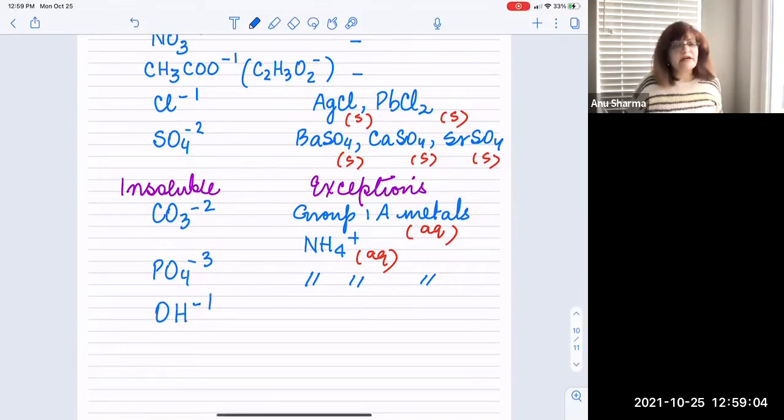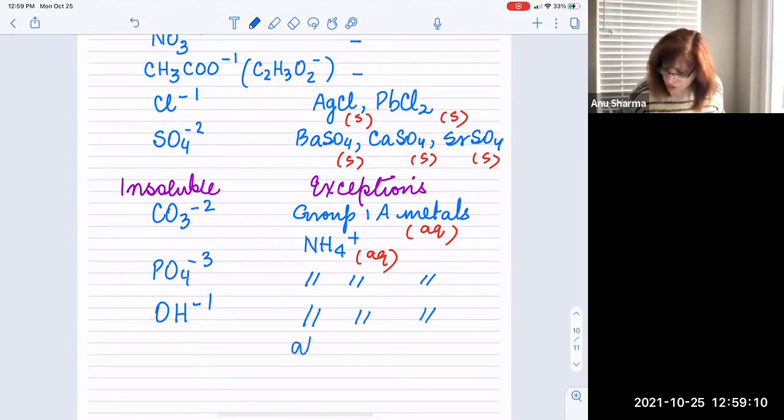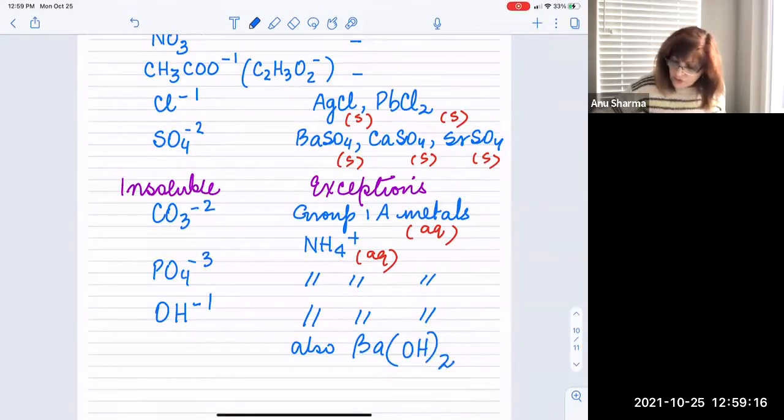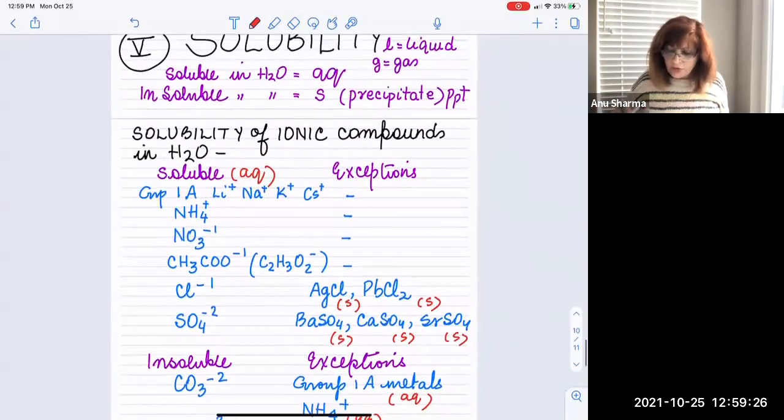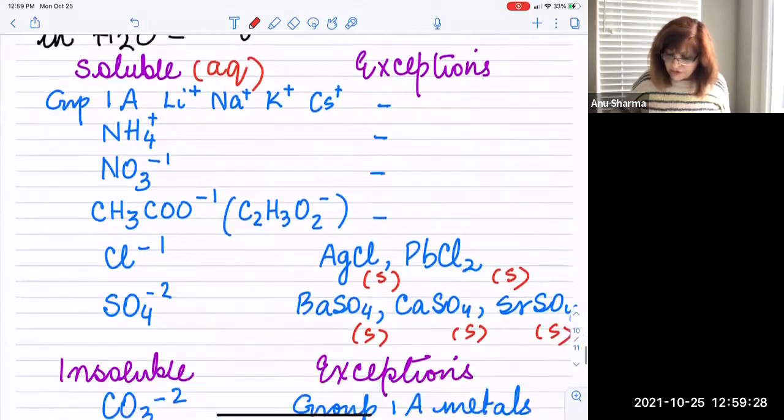So hydroxides are insoluble except, again, group 1A and also ammonium, and also barium hydroxide is soluble partially. Okay, so when they are soluble, barium hydroxide, we will write AQ. All right. And then there are sulfides, there are chlorates and other things, but these are the very general solubility rules of the ionic compounds.